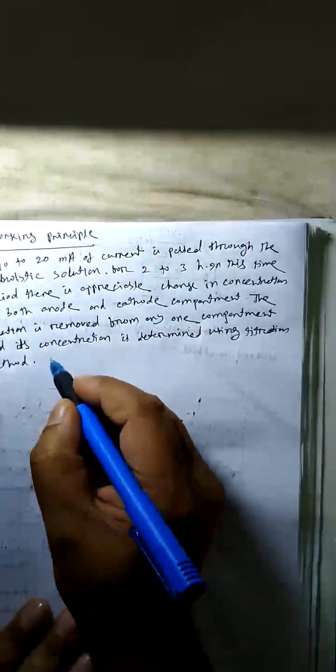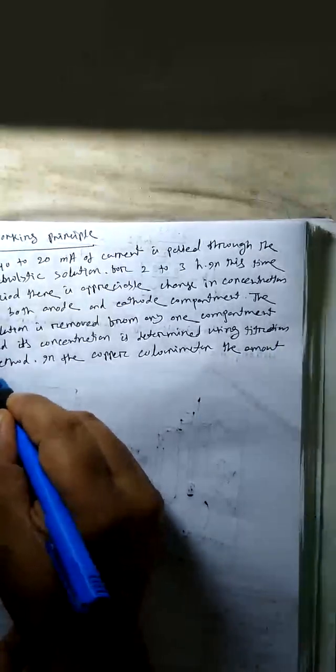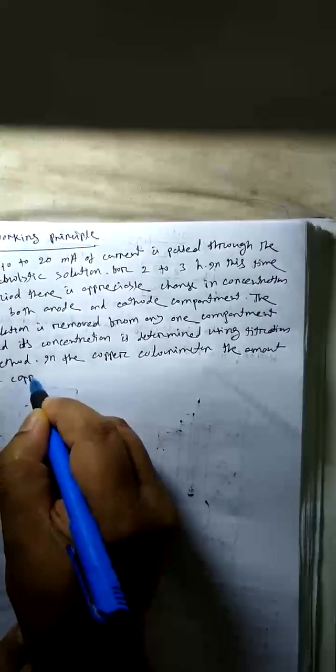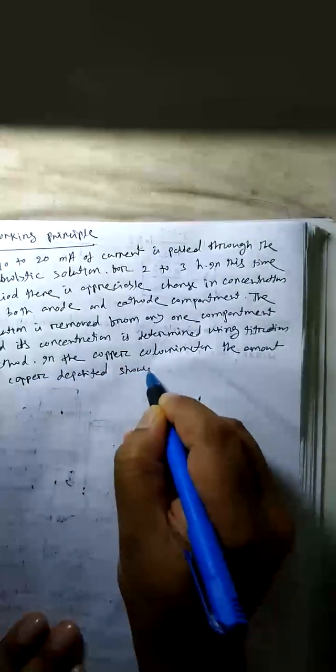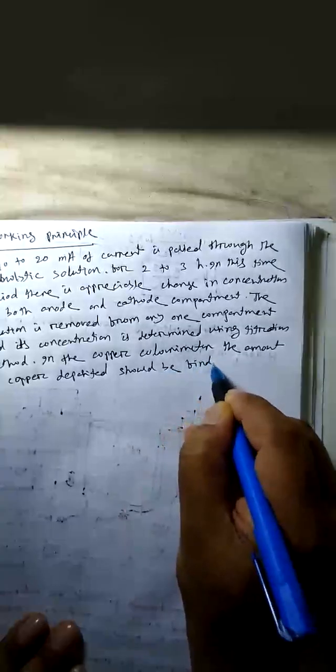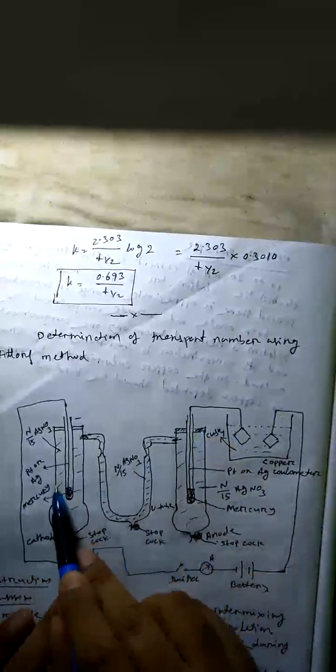Then in the copper coulometer, the amount of copper deposited should be found out.